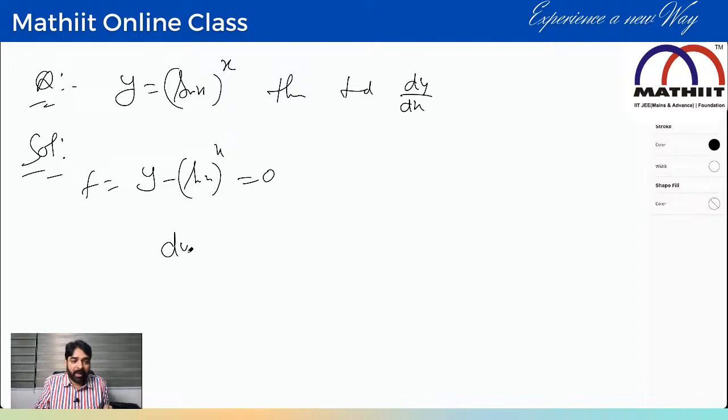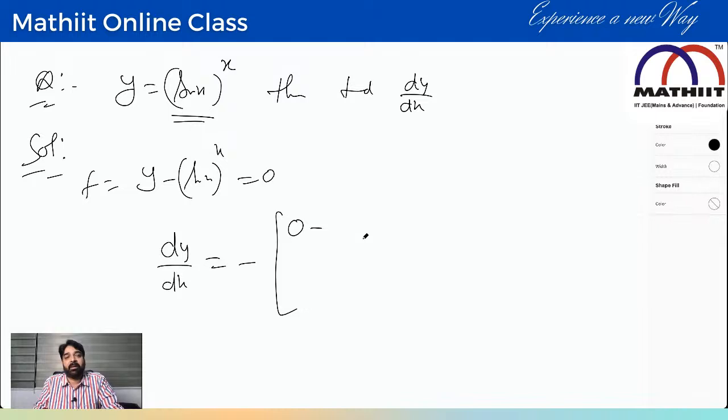So dy by dx will be equal to minus of differentiation of this with respect to x treating y as a constant. So y differentiation will become 0 minus sin x power x differentiation treating y as a constant.